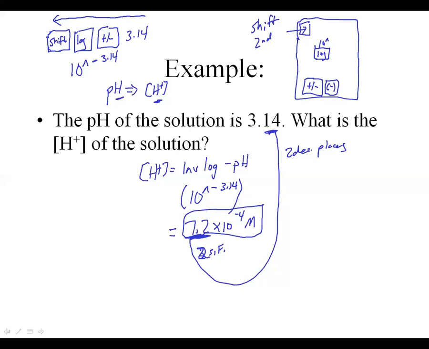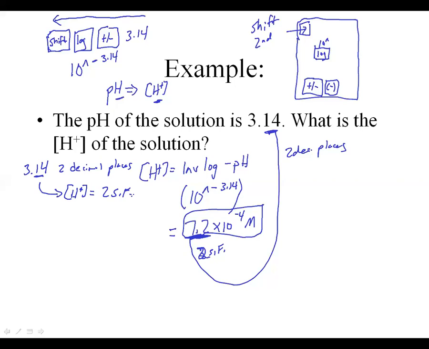And again, in terms of significant figures, we started with 3.14, which is 2 decimal places, which means when we go back to the concentration of H plus, it should have 2 significant figures.